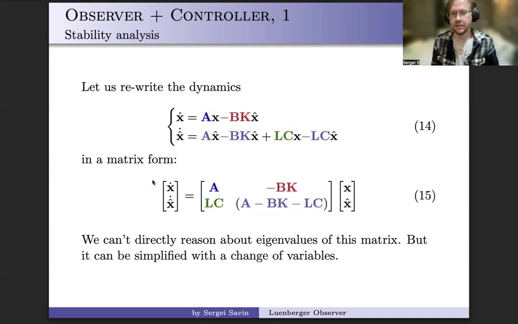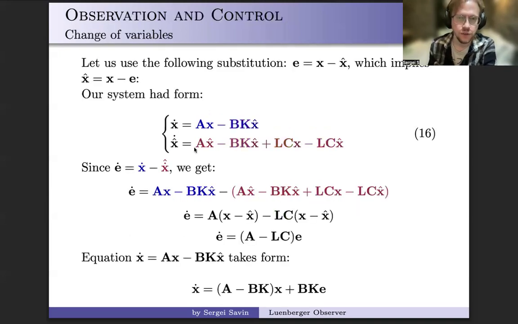Now our next order of business would be to make a change of variables to make it simpler, because right now it is difficult to work with. So the first change of variables that I'm going to introduce is this: e equals x minus x hat. This looks strange because we already have epsilon, which is, as far as I remember, x hat minus x. But here, this minus sign just makes it slightly easier, so that's why I'm doing it.